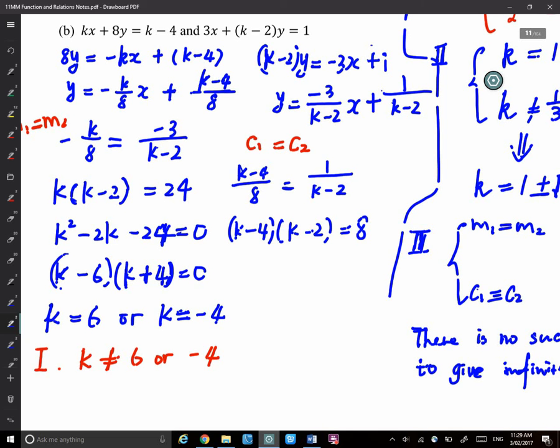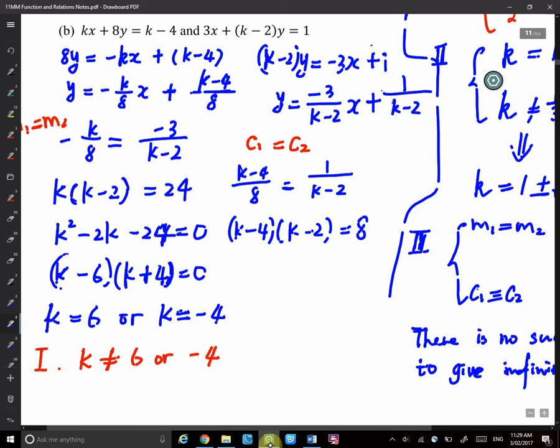Again, this is not the standard form for a quadratic to solve. I need to open the bracket and put everything on the left and one side to be 0 to solve for it. So I will have k squared minus 4k minus 2k, that will be minus 6k, plus 8 equals 8. And the 8 and 8 on both sides cancel, that will be 0. So I will have k squared minus 6k.